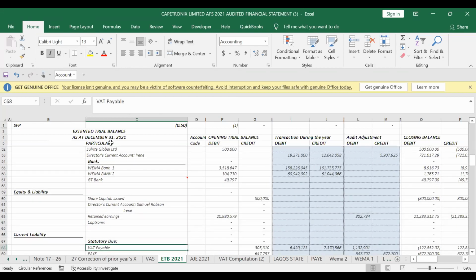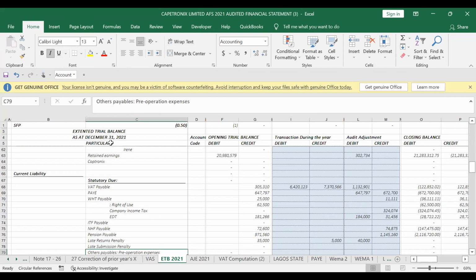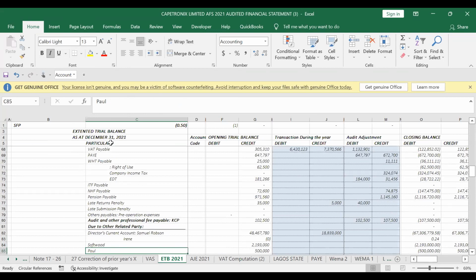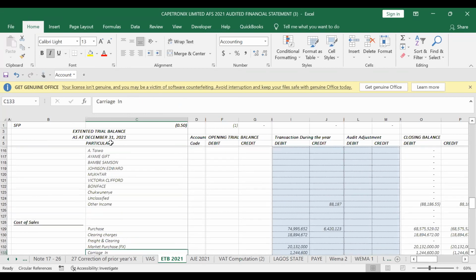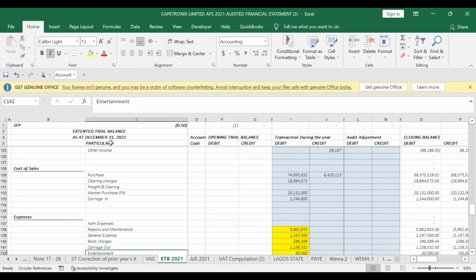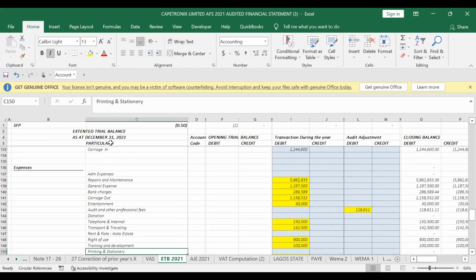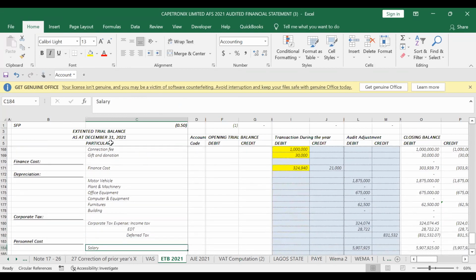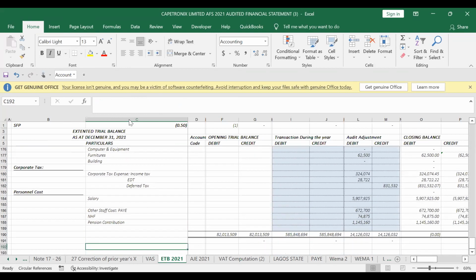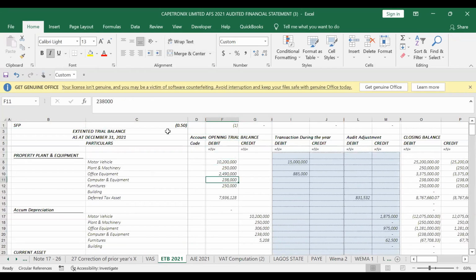Under equity, liabilities, revenue, cost of sales, and expenses, what are the various captions, right? When you do that, what you're doing is called account mapping, mapping of the account.